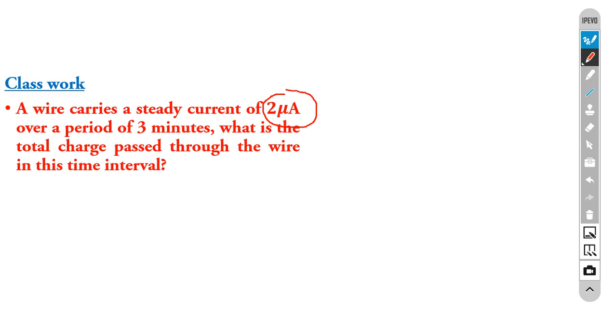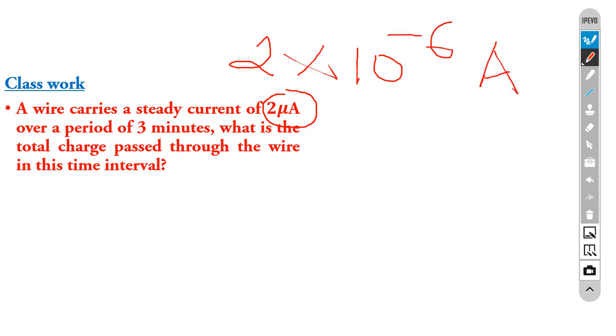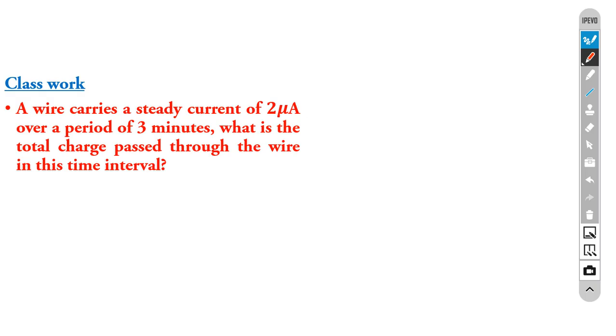So you are not just going to use 2, but if you're solving the problem, you will be using 2 times 10 to the power minus 6 ampere, because this symbol represents 10 to the power minus 6. Then this one is in minutes. Of course, you can convert from minutes to seconds. The moment you observe those two things I have mentioned, then you are good to go.